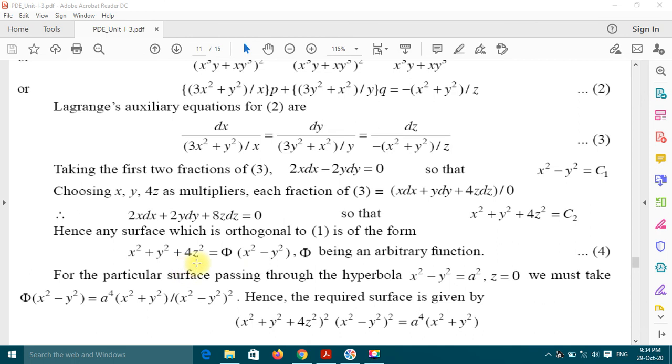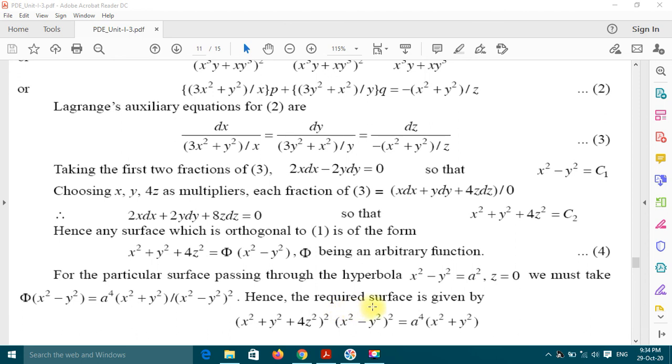Now this surface passes through the hyperbola x² − y² = a² and z = 0. So we must take φ(x² − y²) = a⁴(x² + y²)/(x² − y²)².